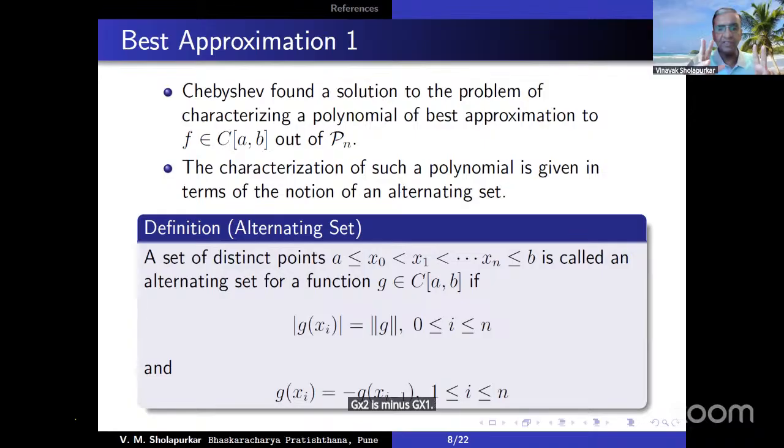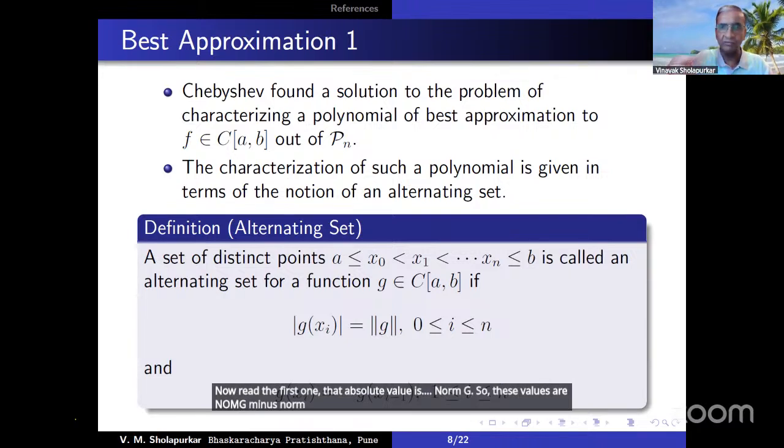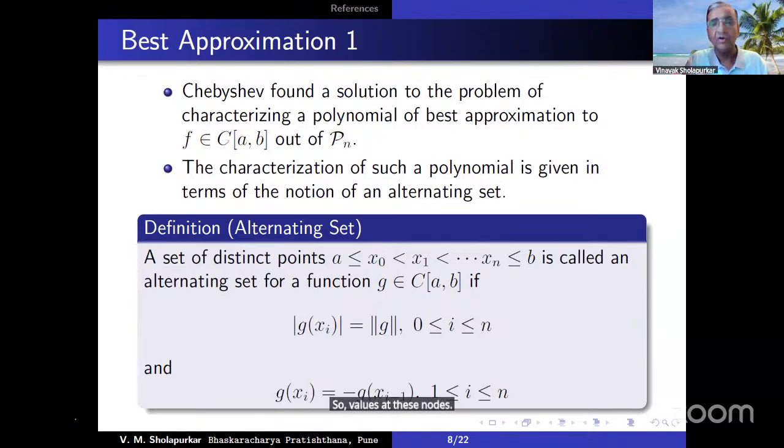So the signs of g(x0), g(x1), g(x2) alternate. Now read the first one, that the absolute value is norm g. So these values are norm g, minus norm g, norm g, minus norm g. So it alternates. So the values at these points are plus or minus norm g. Then you say that this set is an alternating set for the function g.